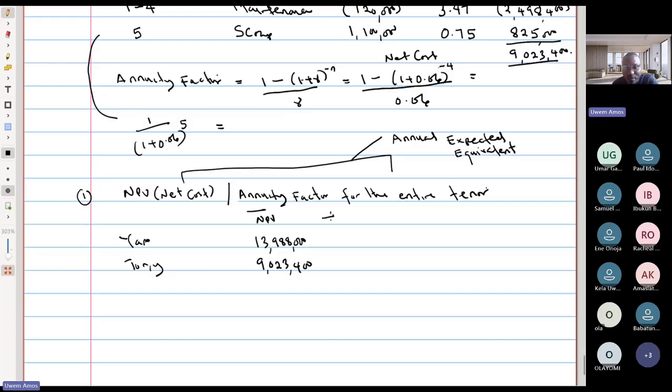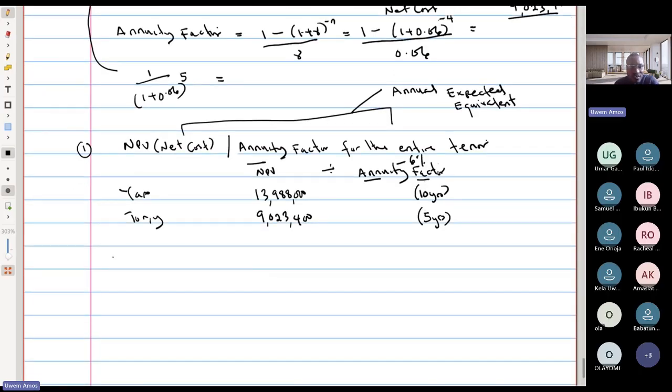We need to divide it by the annuity factor for each of them. Don't forget that the total overall tenure of Yarrow's project is 10 years, and the total overall tenure for Tony's project is 5 years. Okay, the rate is 6%. So that's what the annuity factor is for those years.